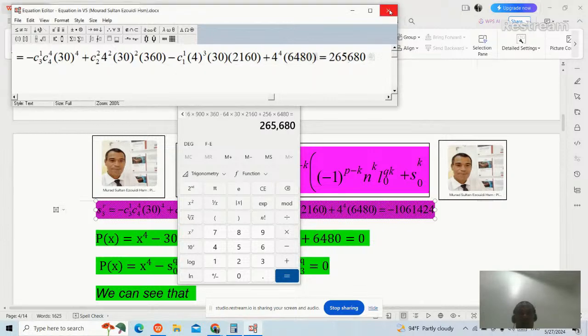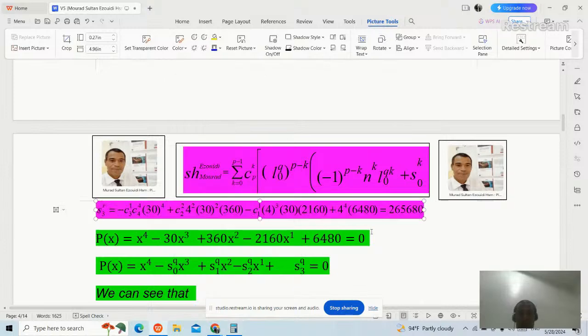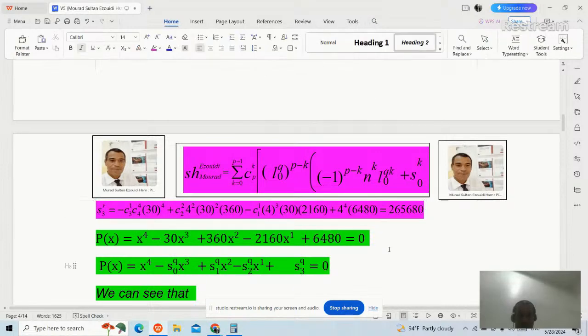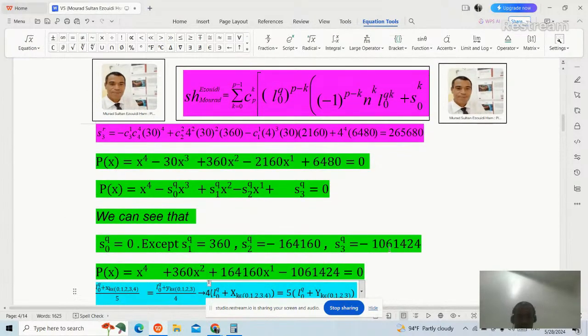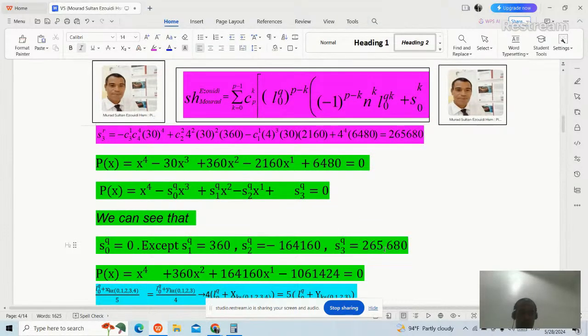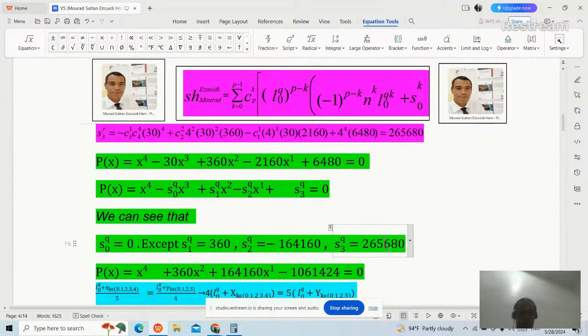So we told, this one is equal. Now I'm going to see my polynomial. This one is S3. S3 is equal to 265,680, and this should be positive.